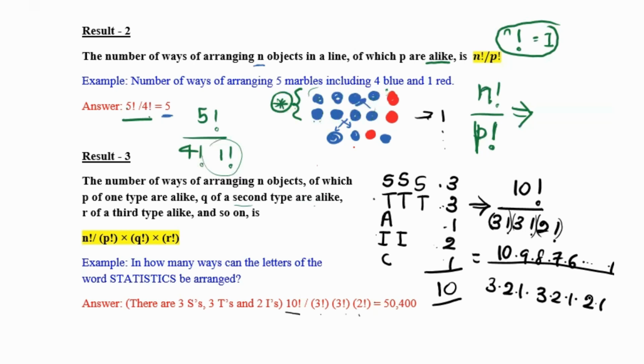Now we can cancel out things in a way that makes sense. Here we have 5, 4, 3, 2, 1, and 3, 2, 1. 3 times 2 is 6, and 3 times 3 is 9. In a suitable way, you can cancel them off, and you will see that everything falls into place, and you will finally end up getting 50,400. Do make sure you double check your answers.